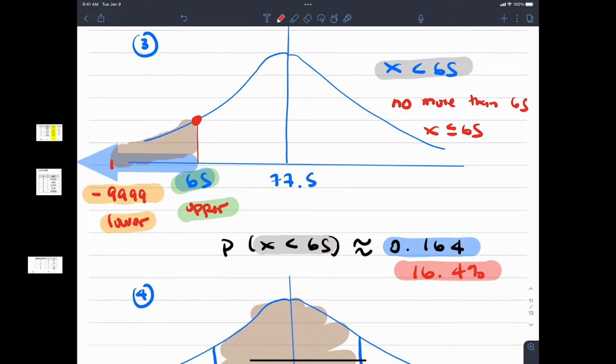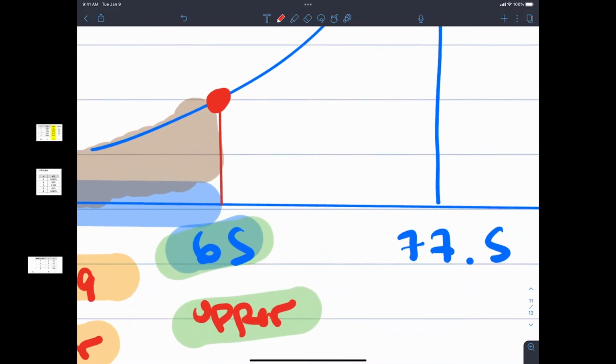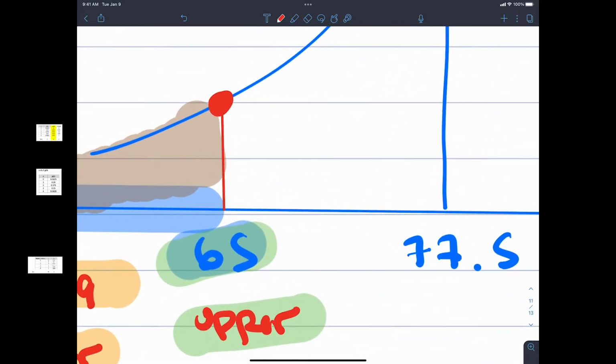And you're saying, I have to integrate. Well, yeah, you have to integrate. However, here's the deal. The area under a point, and that's what this is, when you include 65, the area under a point, any point, is 0. It's negligible. The reason is that to find area under a curve, you really need what's called an interval. And under a point, you don't have an interval.